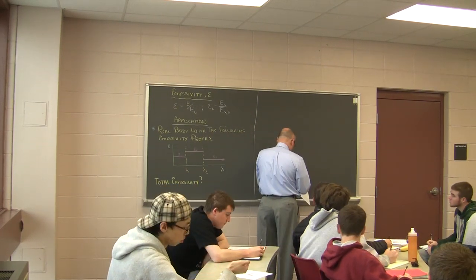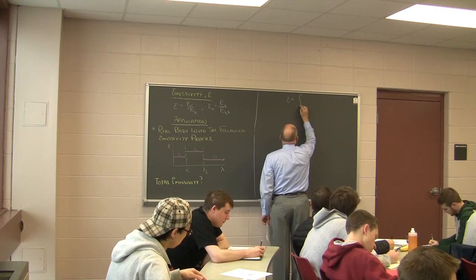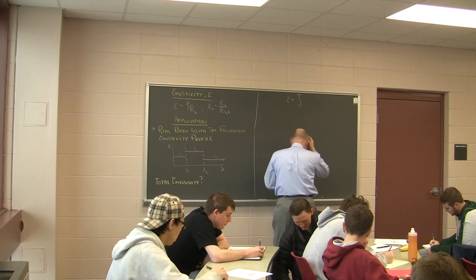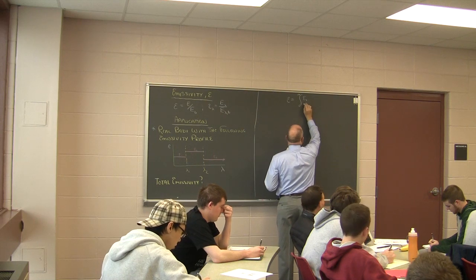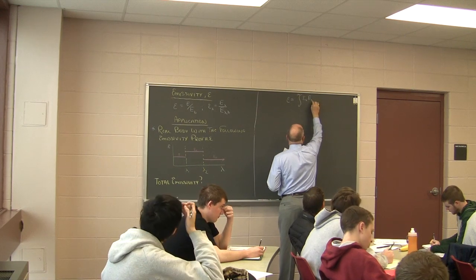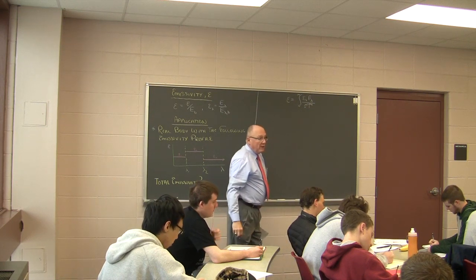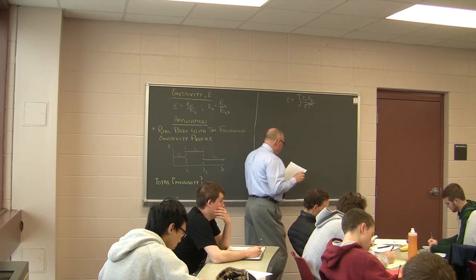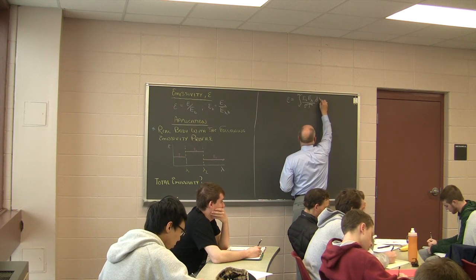We recognize that the emissivity is going to be equal to the integral from 0 to infinity of the spectral emissivity times E lambda B, over sigma T to the 4th, which is our total black body emissive power, times d lambda.